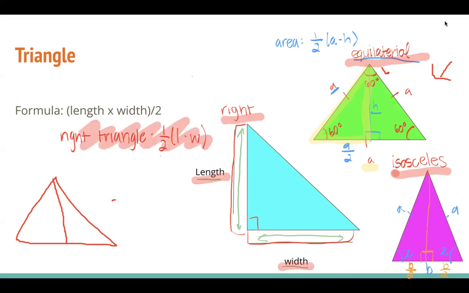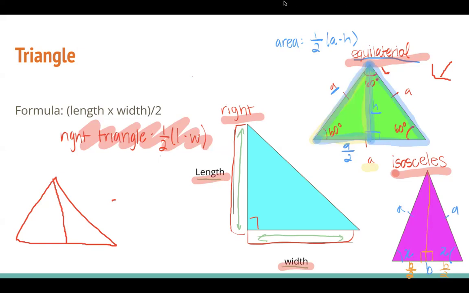But for an equilateral triangle, you need to split it into two right triangles, and then solve for the height of the triangle using the right triangles.